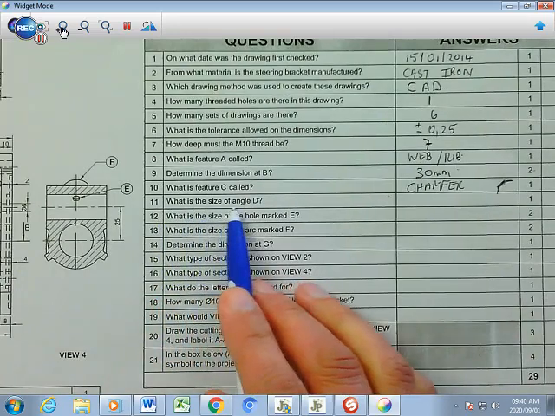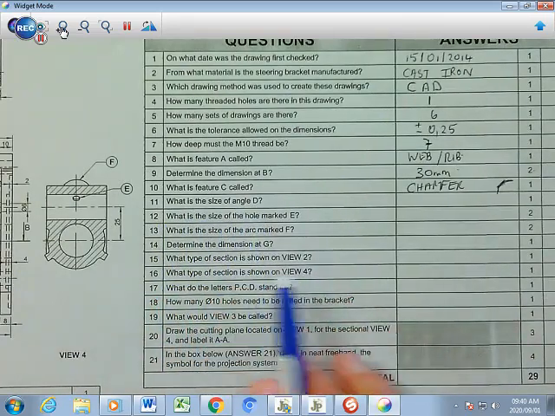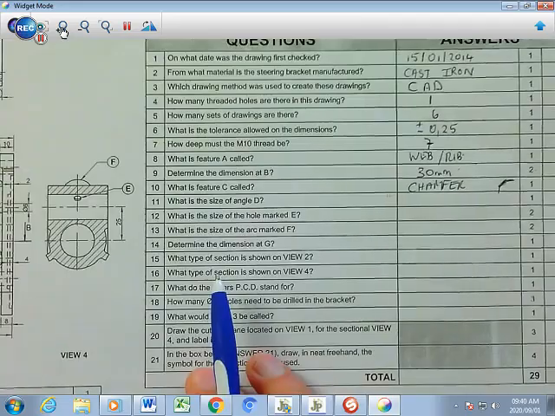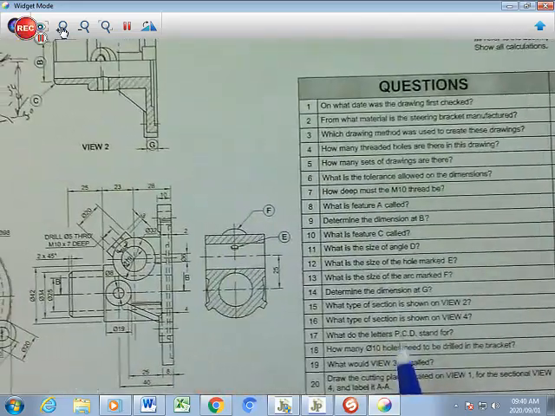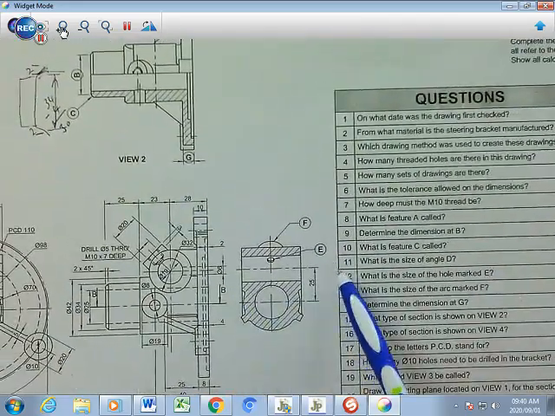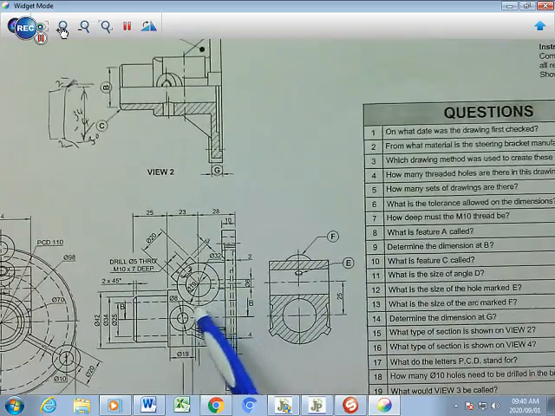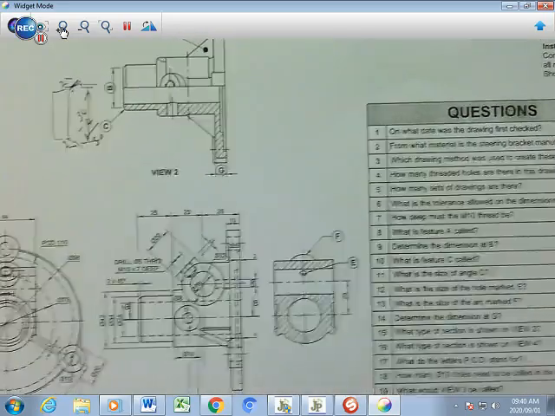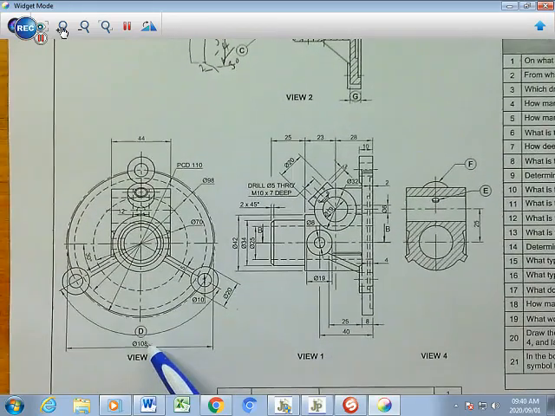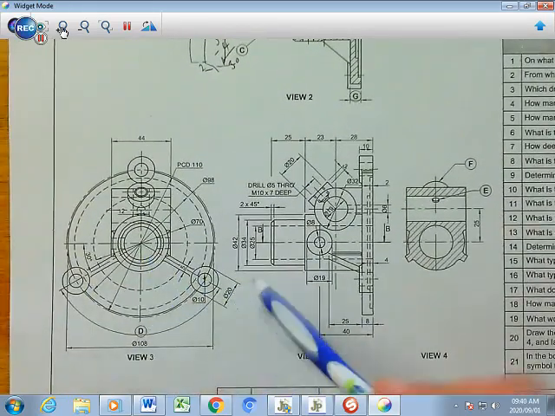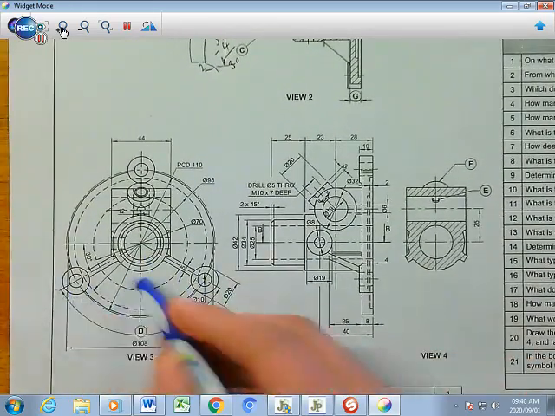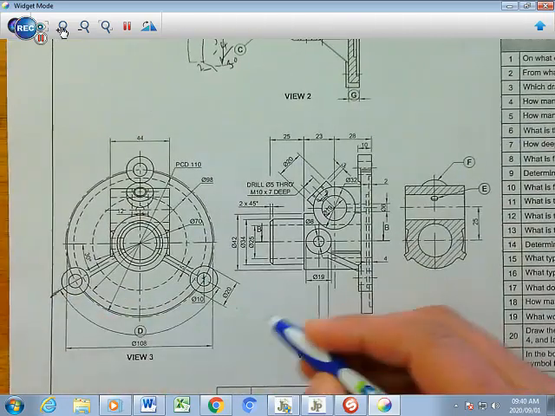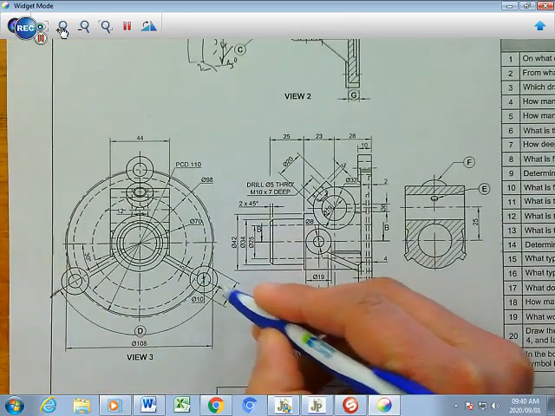Okay, and then 11, what is the size of angle D? So you need to go find where D is, the angle of D. If you search over your page for D, you're going to find that D is right there. So they want that angle there. It shows you this angle here from here until that angle there.